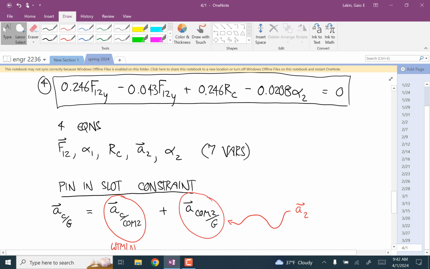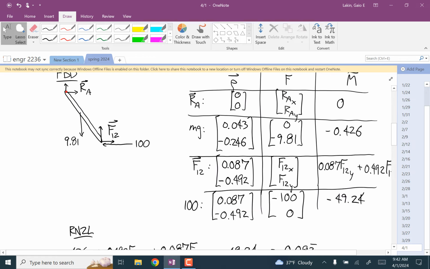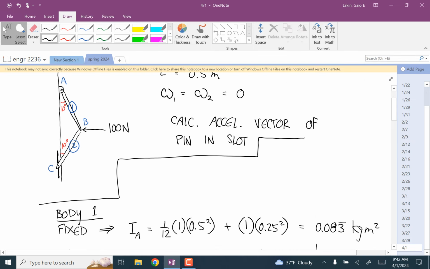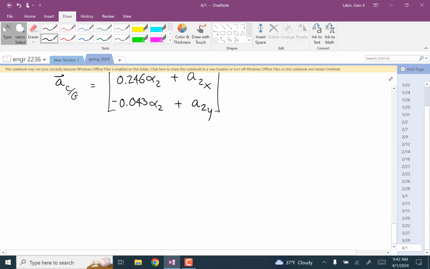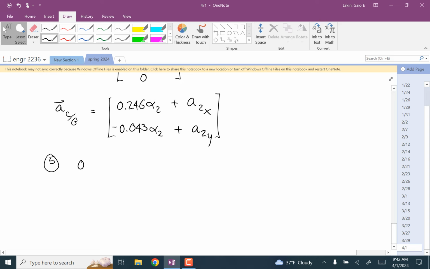Now, the constraint that we want says that there's no horizontal acceleration of that point. And so we'll just take the x component of that, and our fifth equation says 0.246 alpha 2 plus a2x is equal to 0.